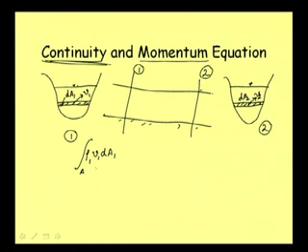So, this is the mass flowing through section 1 per unit time, and the mass flowing through section 2 we can write with the same expression, rho 2 V2 dA2, integrated over the area A2.